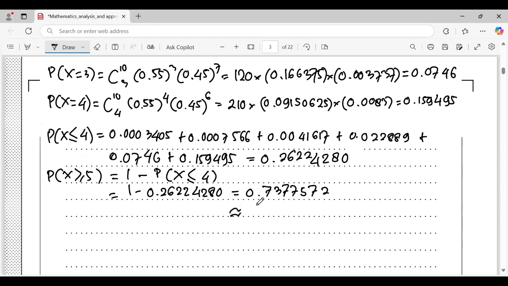Rounded off, it becomes 0.738. This one.